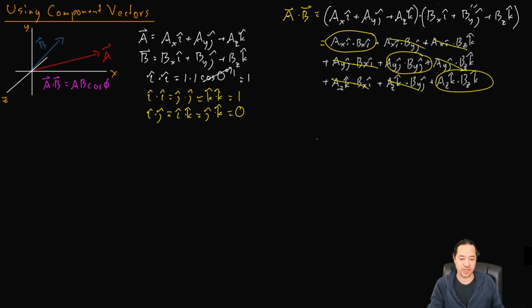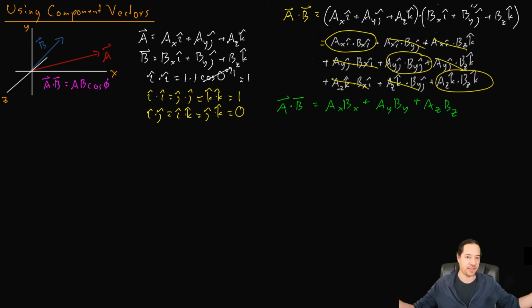So what we're left with is actually a relatively simple formula for calculating A dot B, and that is equal to AX BX plus AY BY plus AZ BZ, and that's it.